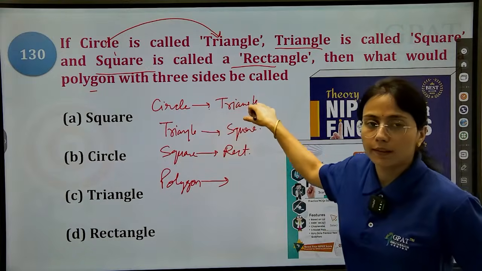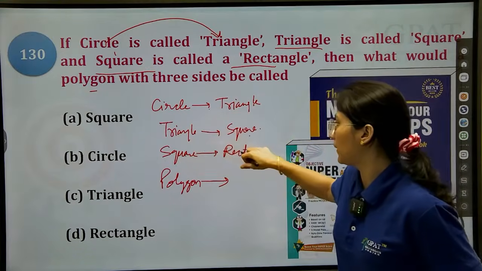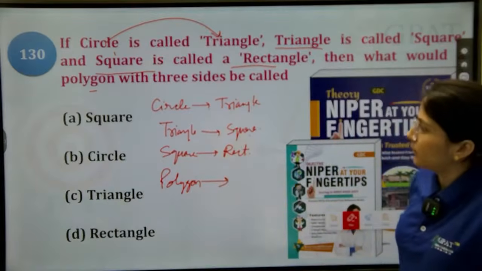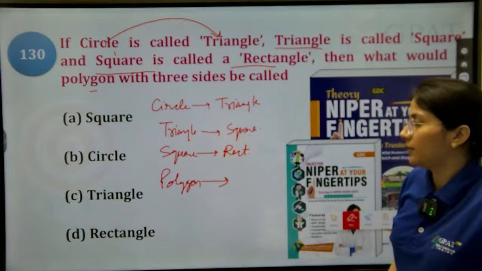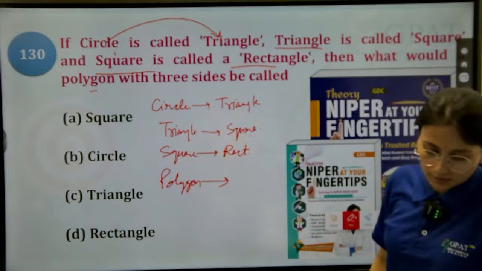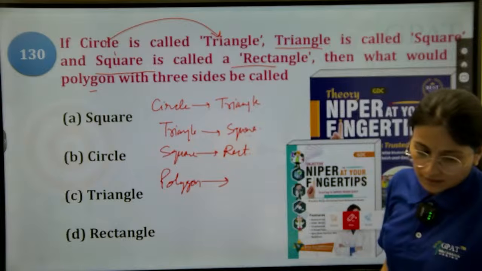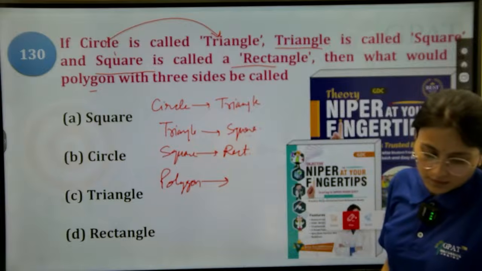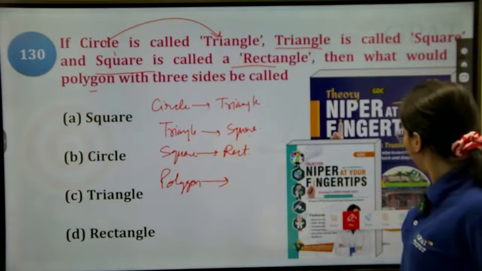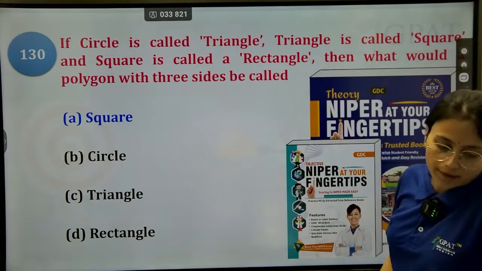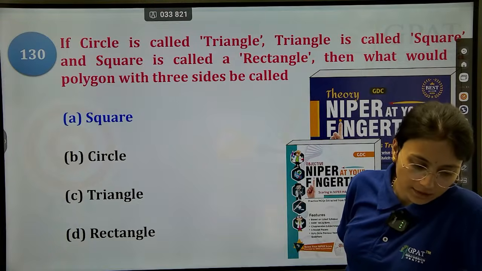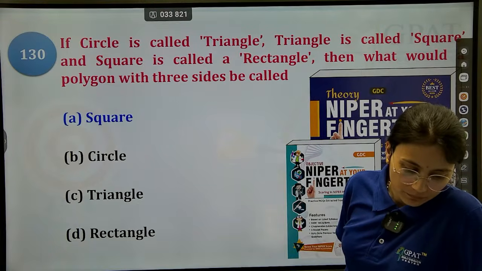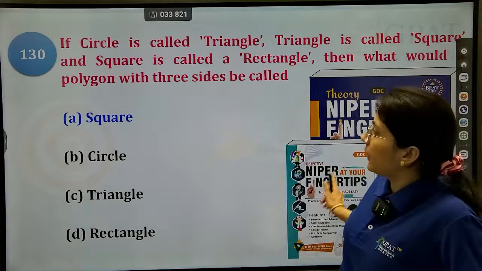Circle called triangle, triangle called square, square called rectangle, polygon called what? No, that is not triangle. Some said square, some rectangle. So the correct answer is square. Yes, square is the correct answer. Very good. Now move to the next question.